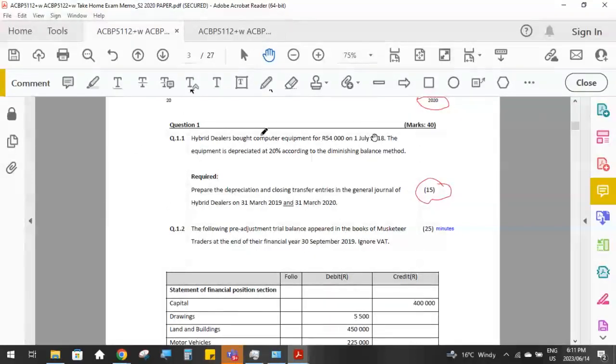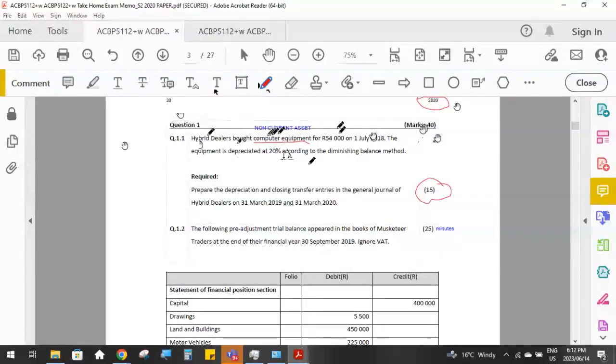So as soon as you see the words computer equipment, you know that that is an example of a non-current asset, and so you also immediately know that that's an item that gets depreciated, etc. What I'm trying to say is that when you read these questions and take note of things like this, your brain must already be thinking, okay, I know exactly where computer equipment fits in my chart of accounts and my trial balance, and I know exactly what I need to do with it.